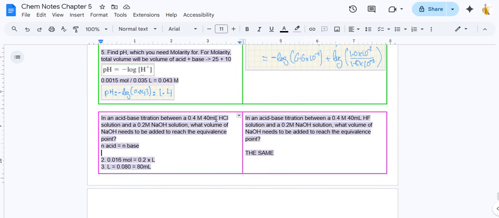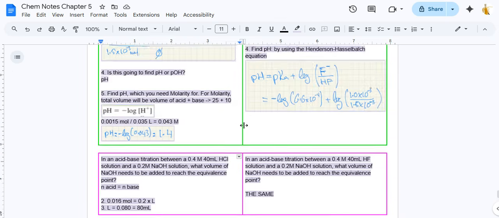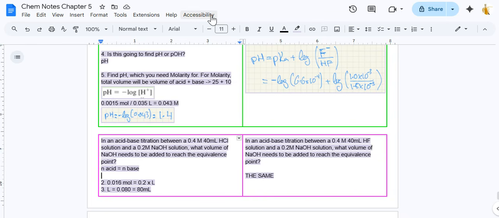And remember, moles equals molarity times liters. So it's moles, just written in another way: molarity times liters of this equals molarity times liters of this.